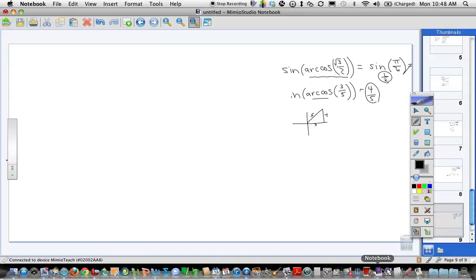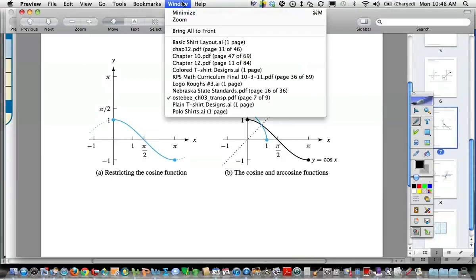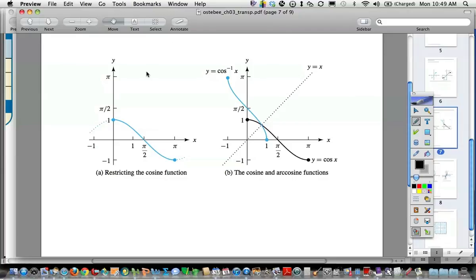Okay. If you remember on that derivative rule sheet that I had up the other day, I had the derivative rule for arc sine up there. The derivative of arc sine of x is, it wasn't x actually, it was u.